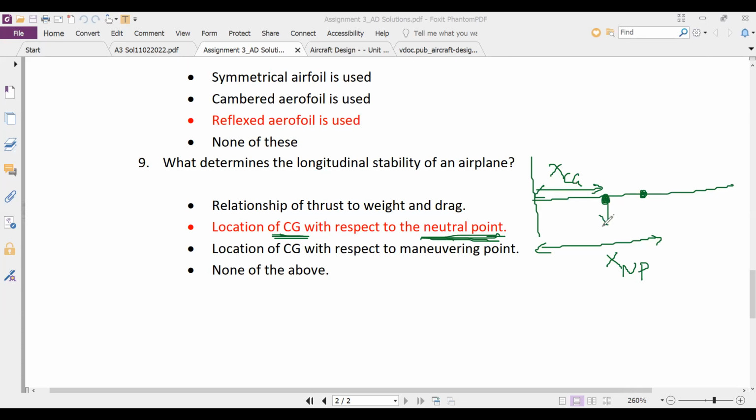Right? So this is your CG, and your weight is acting at this point. Where would the net lift force act on this aircraft?